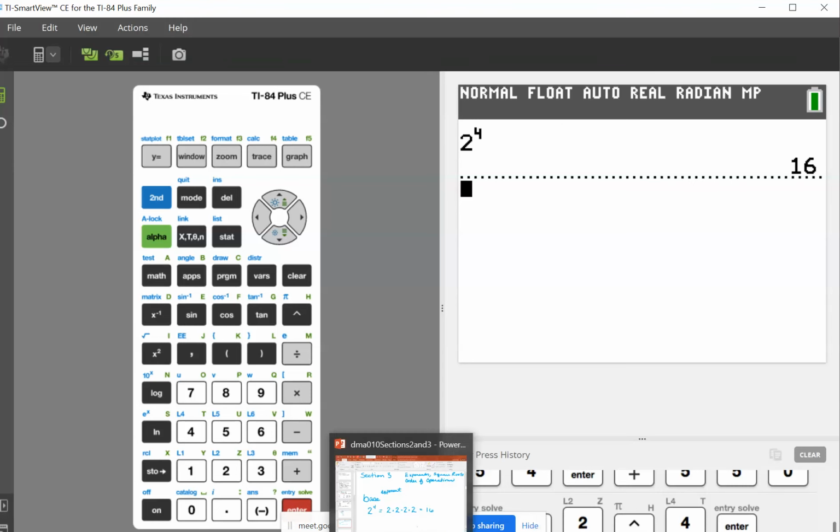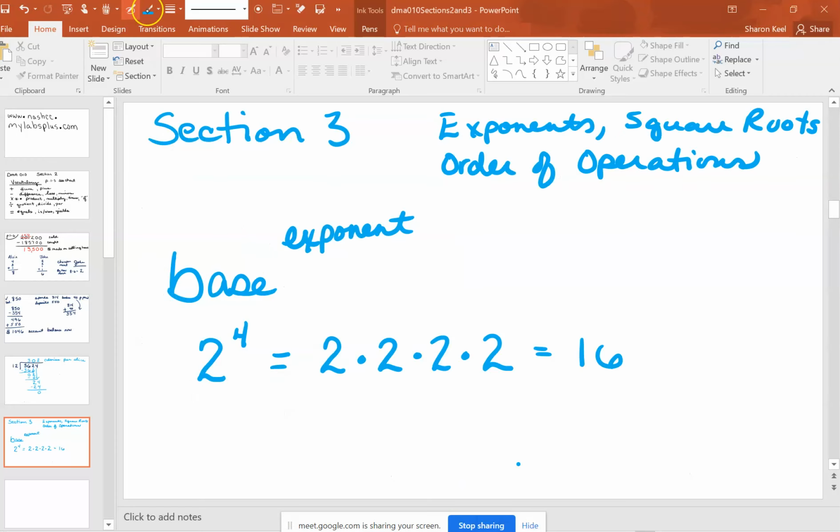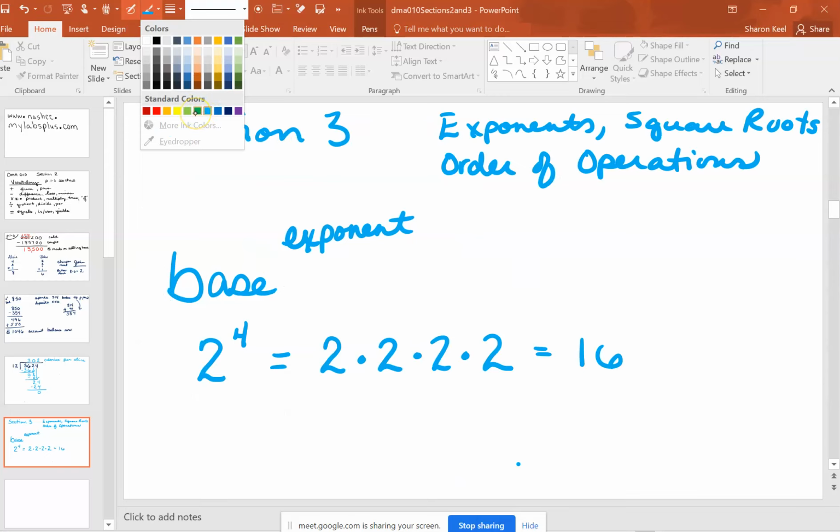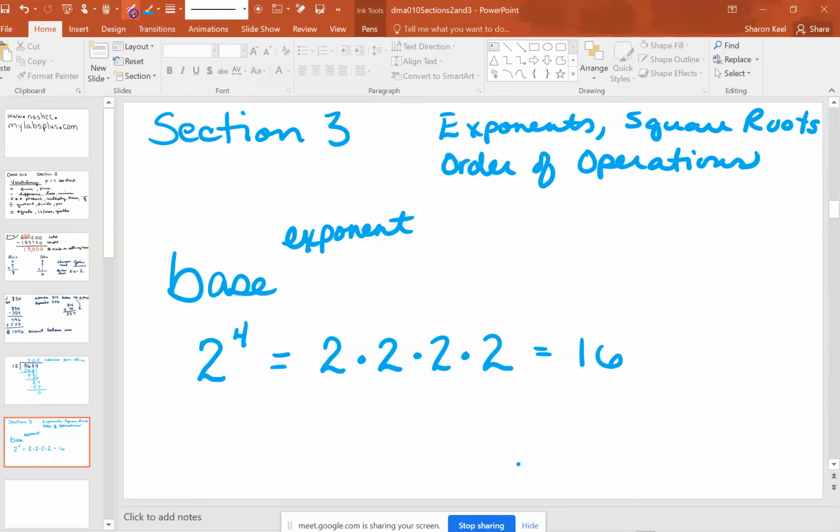Let's say I give you 5 times 5 times 5, and I want you to write this in exponential notation. My base number is 5, and how many 5s do I have? 1, 2, 3.